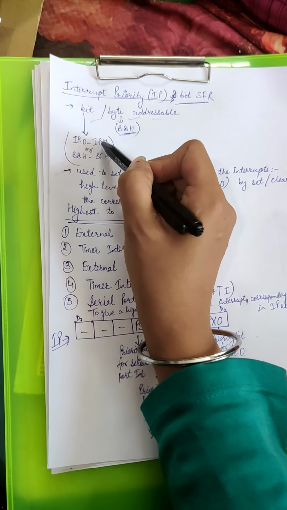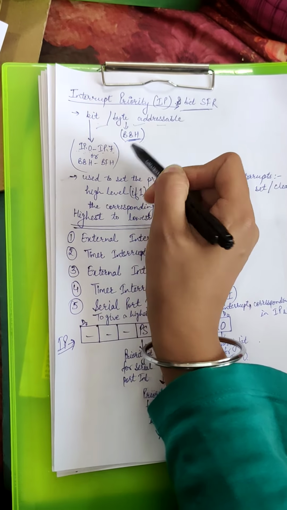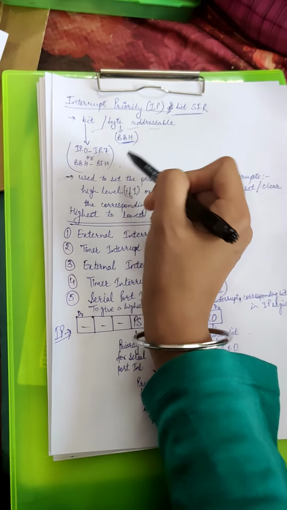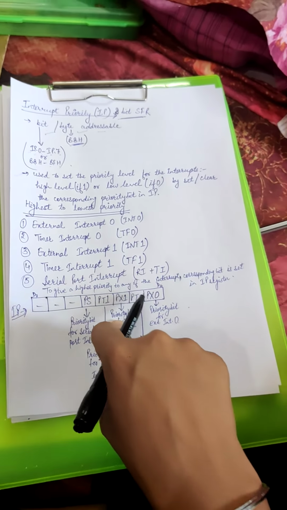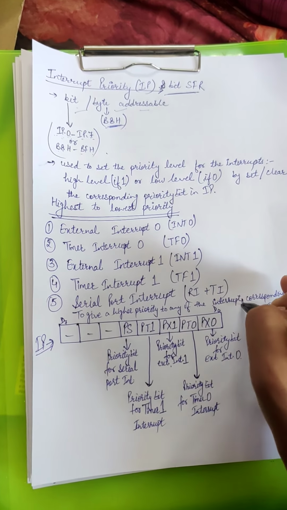That is the interrupt priority register, an 8-bit register, so 0 to 7. And according to memory address it is B8 to BFH. This is used to set the priority level for the interrupts. These are the priority levels.